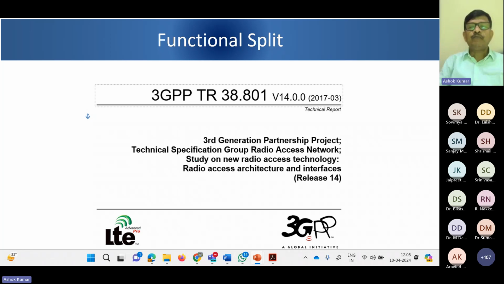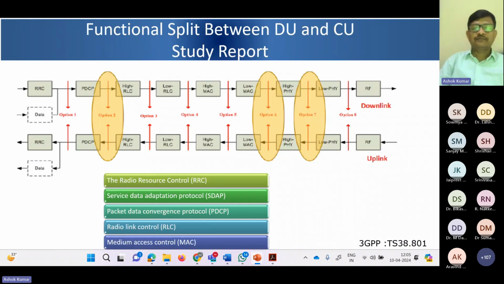Normally 3GPP issues two things: one is the specification of a certain thing, and the other is the study paper, right? So this was the study paper issued as part of release 14 itself, where they have talked about various radio access architectures and interfaces. In this standard itself, they have talked about various splits. So let me show you that.